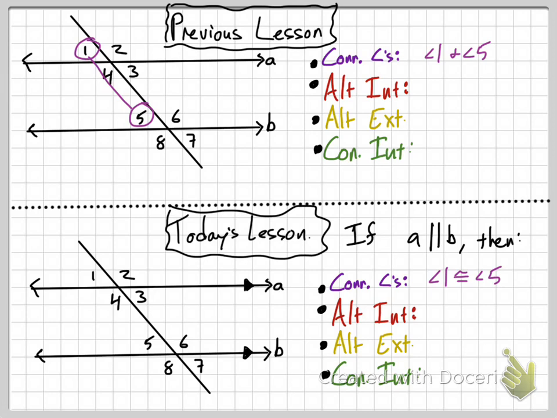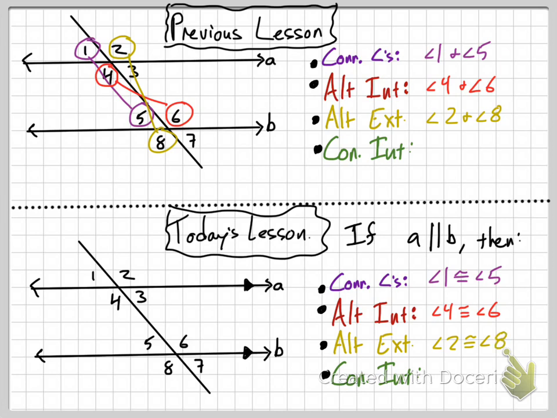Alternate interior angles. Let's say we have 4 and 6. Those are now going to be angle 4 is congruent to angle 6. Alternate exterior, for example, 2 and 8. According to our theorem, those are now congruent.